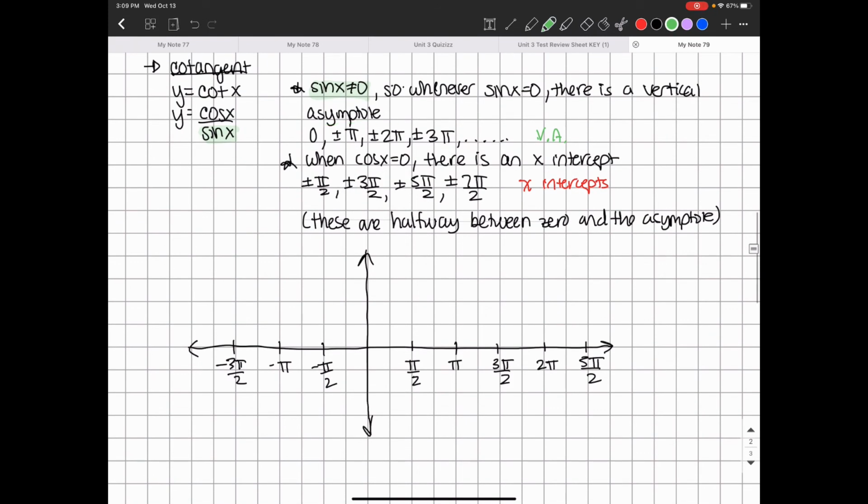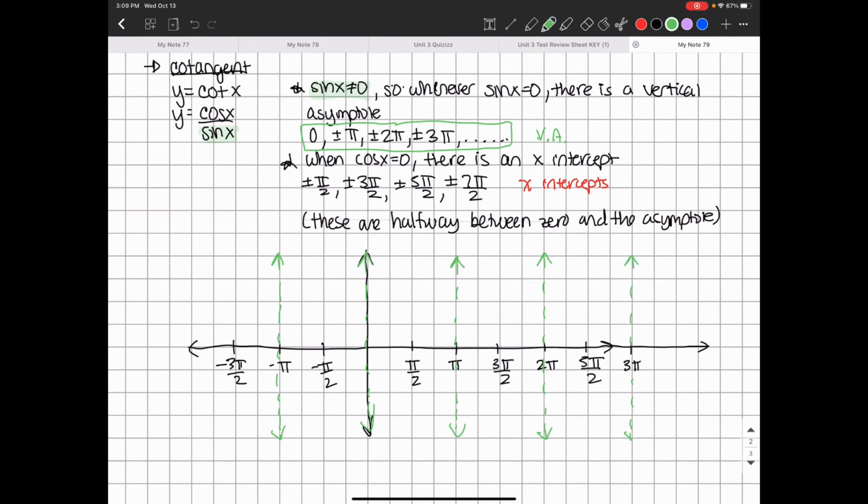All my vertical asymptotes are x is equal to 0, x is equal to plus or minus pi, plus or minus 2 pi. I don't have that on the other side, so just 2 pi, and then I'll stop there. Actually, I should probably continue this just a little further, so I'll do 3 pi and put a vertical asymptote there.